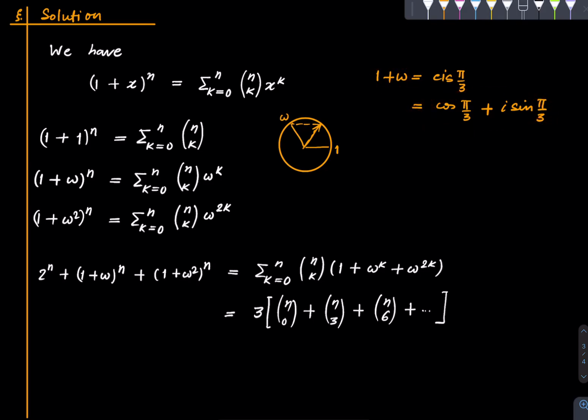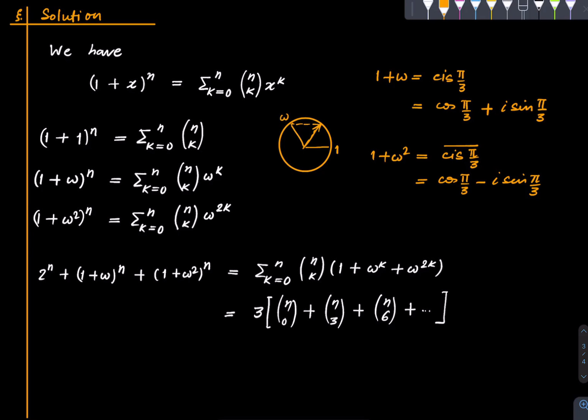And similarly, 1 plus omega squared is, so what it should be, just the conjugate of the previous one. So just to verify this, let me write that as cis pi by 3 bar.